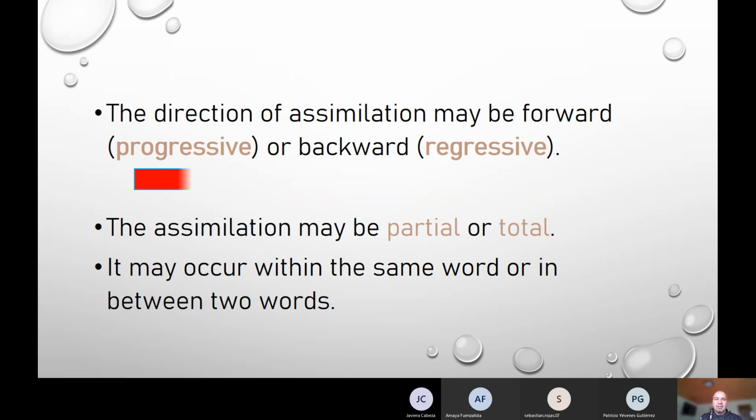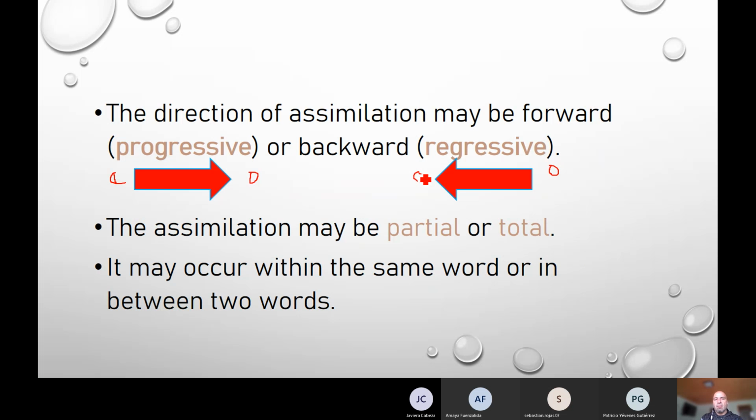What Amaya read is that the direction of this process can be progressive or regressive, meaning the process can go from left to right when it's progressive, or from right to left when it's regressive.